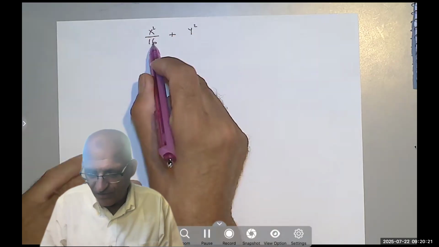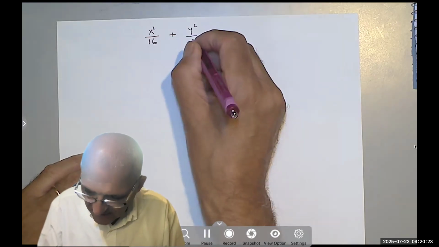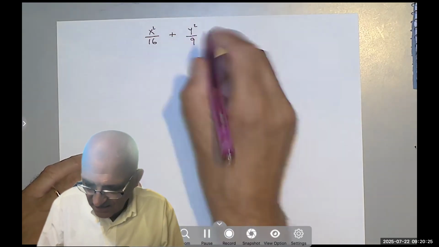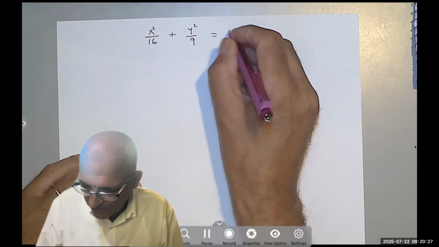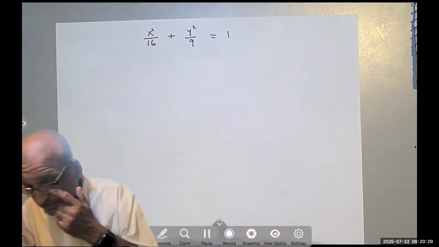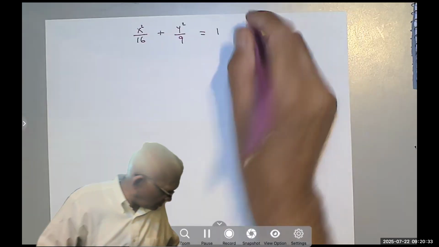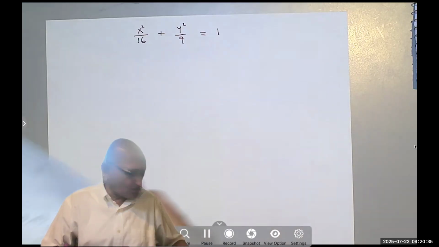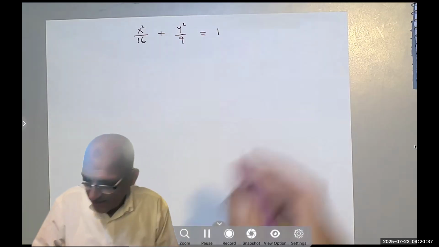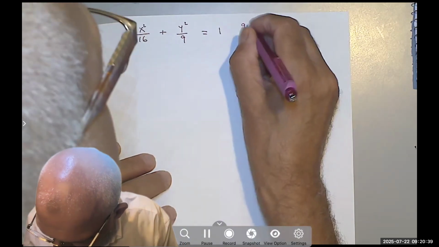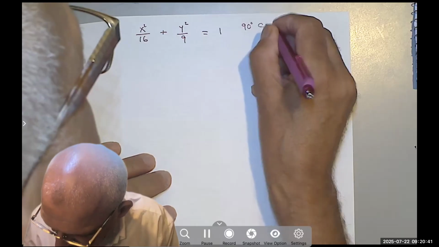I want to make this 4 and this 3. So 3 squared is 9. And 9 times 16 is 144. So if I want to rotate this, what did we do? That was counterclockwise. So let's rotate that clockwise, 90 degrees clockwise.